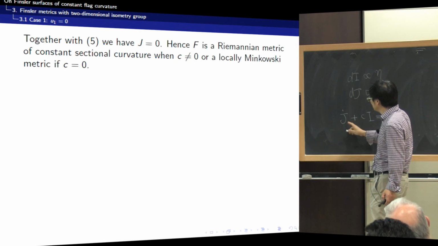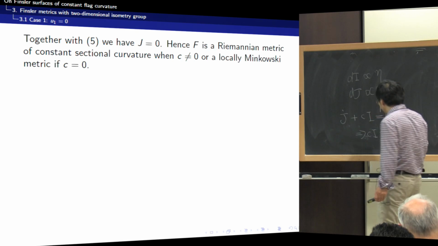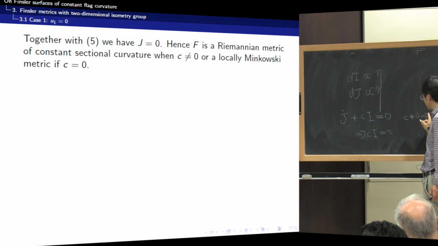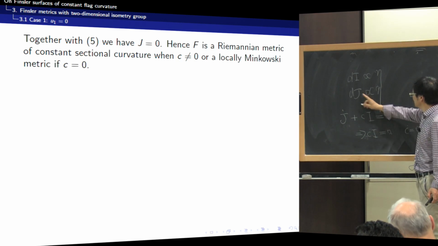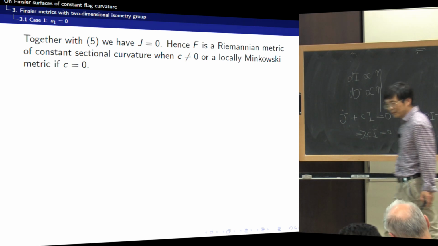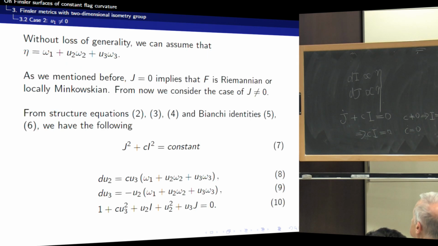So if J equals 0, we get CI equals 0. So if C is non-zero, we get I equals 0. I equals 0 means the Finsler surface is Riemannian. And C equals 0 combined with J equals 0 means the Finsler surface is locally Minkowski. So this case is very easy to classify. One is Riemannian, the other is locally Minkowski.